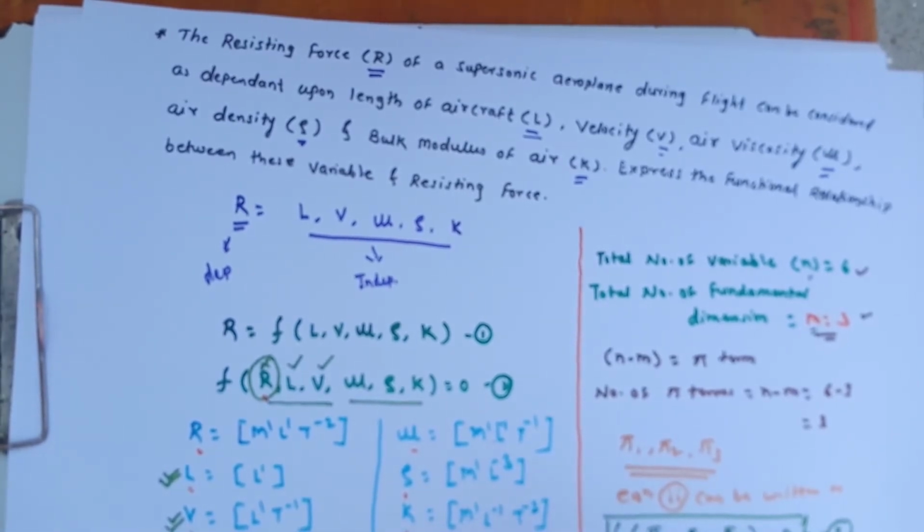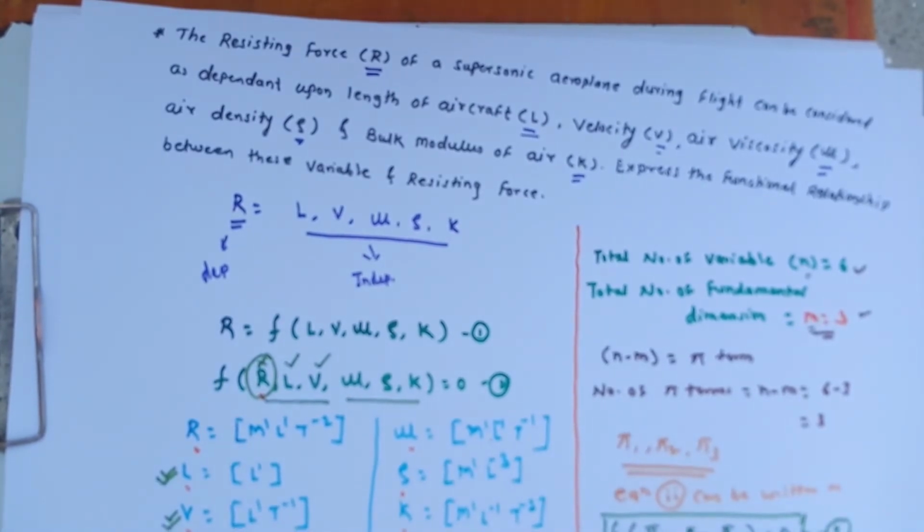But while selecting, I have to check the other rules also. Any two repeating variables should not consist of the same fundamental dimension. Whatever repeating variables I select, together they should not form a dimensionless group.